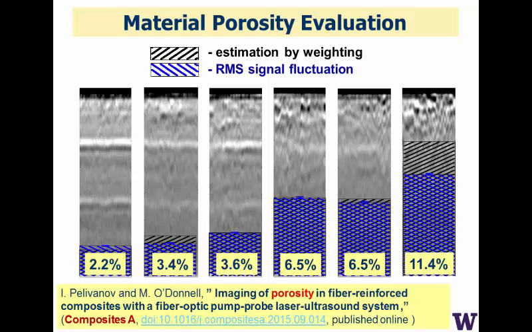When you do measurements based directly on the imaging and the reflected signals, we see much smaller errors and a closer correspondence to the actual porosities, except for the sample with the largest porosity, where we can have some shadowing. This is a sample that would never be used in the field. So you get a very high correspondence and very low errors. This is a way to measure porosity in the field, non-contact, at very high speeds using this system.